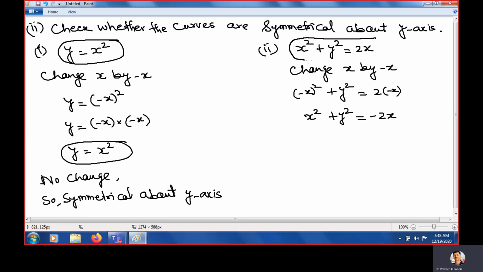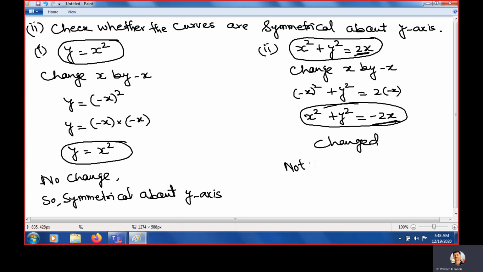Now you can see this equation and this equation have changed. Why changed? Because here 2x is positive, here 2x is negative. So this is changed. Not symmetrical about the y-axis.